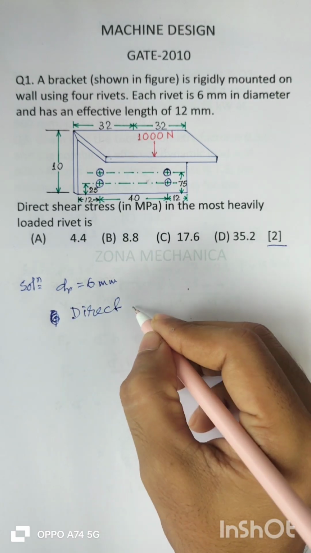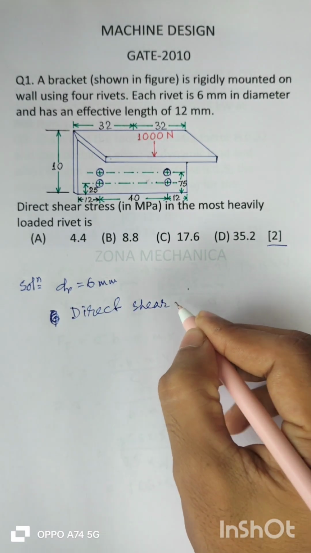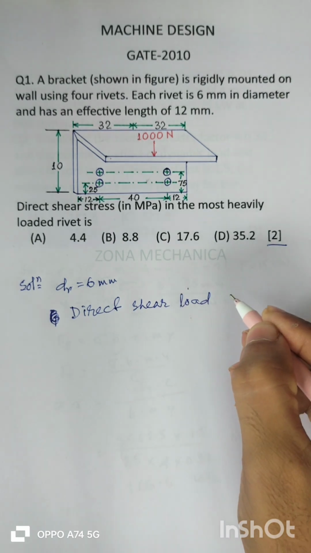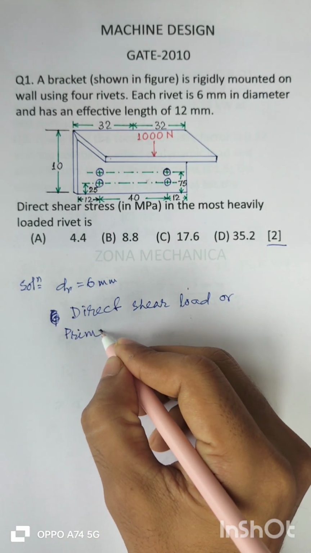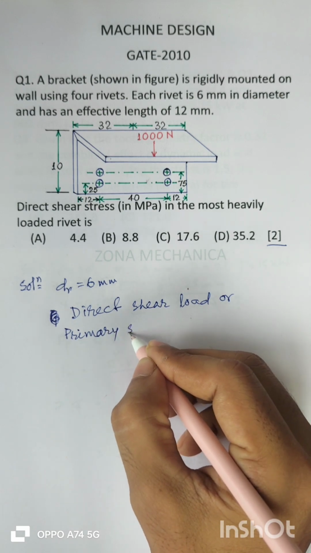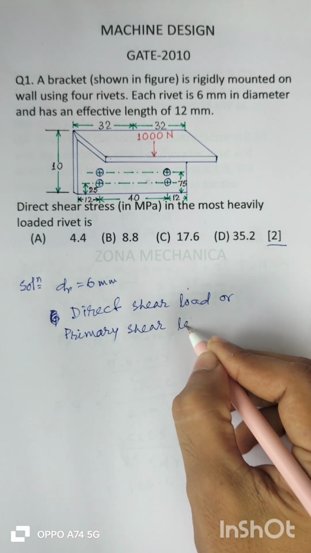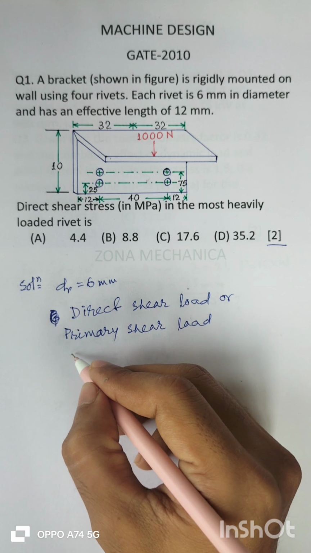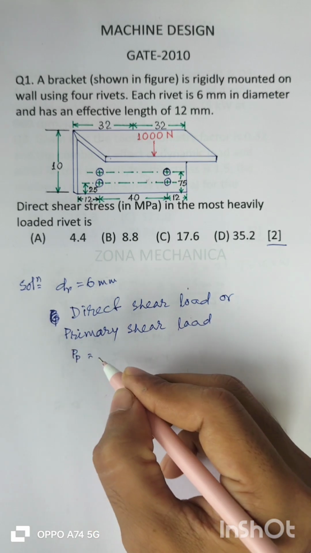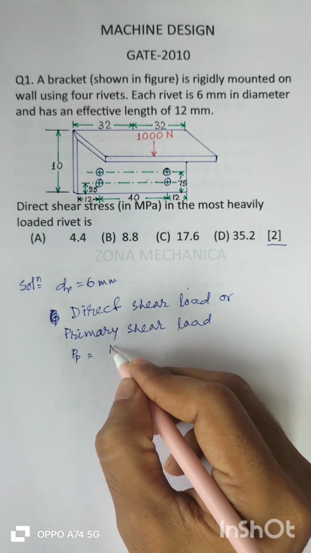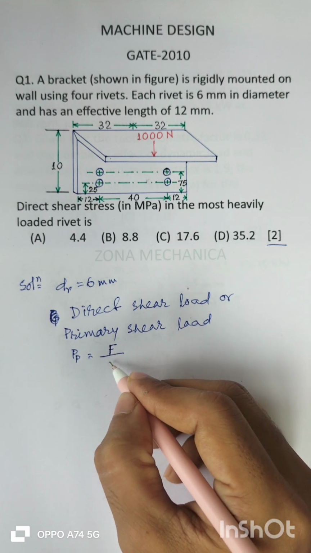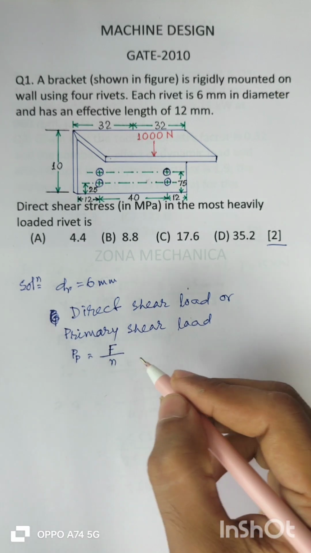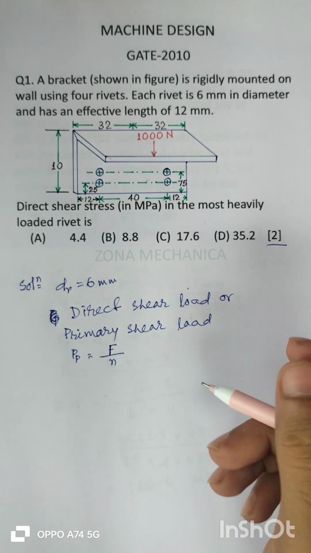Direct shear load or primary shear load, PP, is given by F, that is the applied load, divided by N. N is the number of rivets or number of bolts.